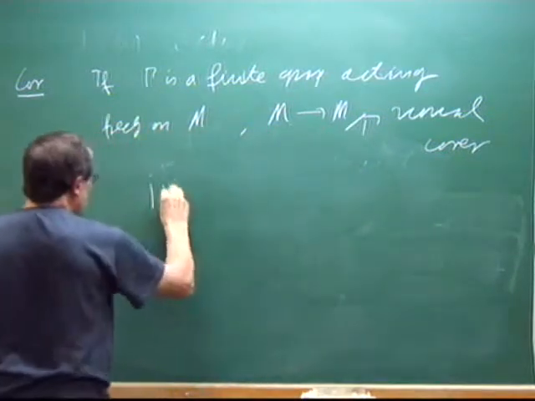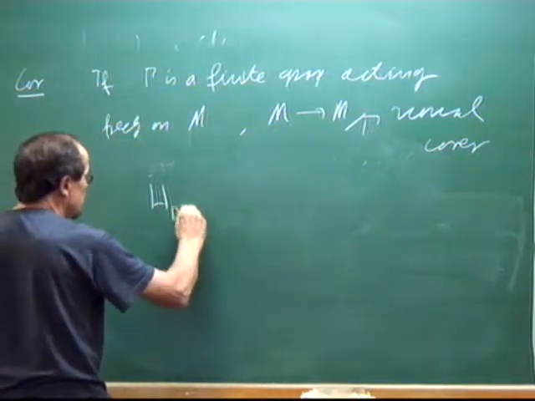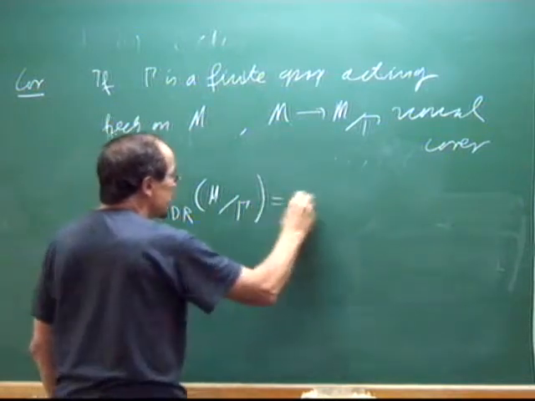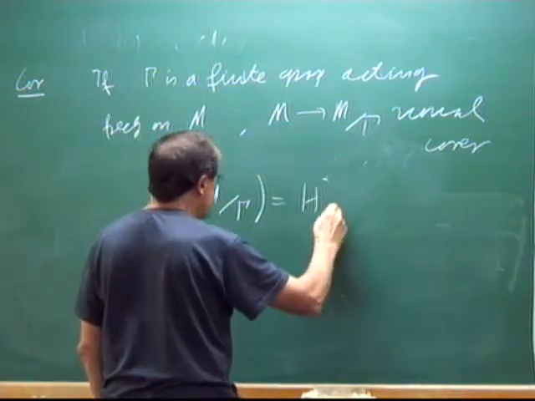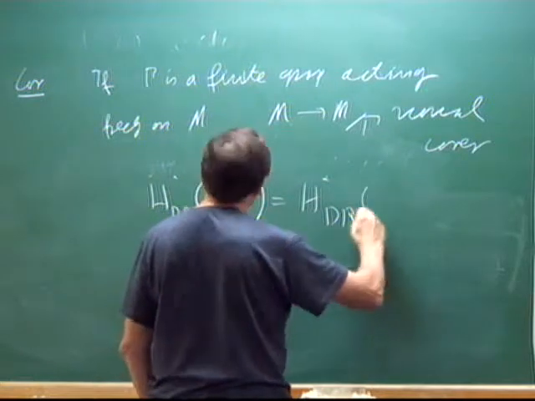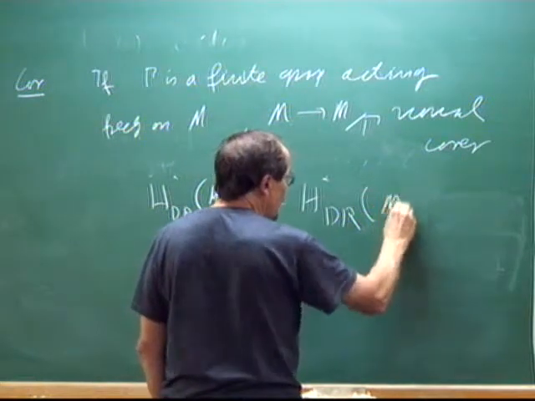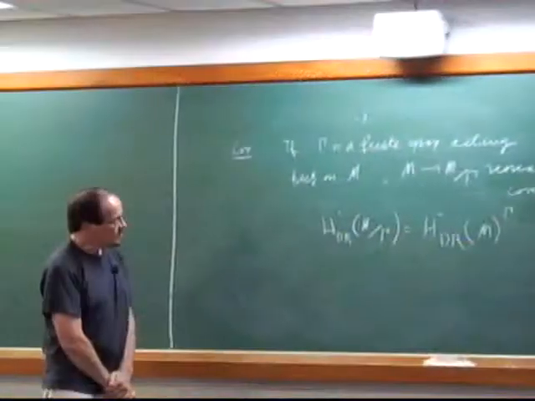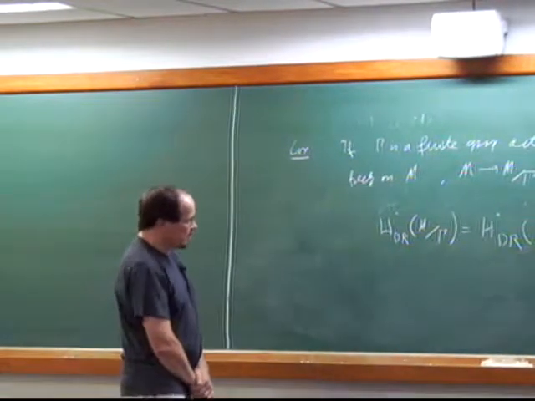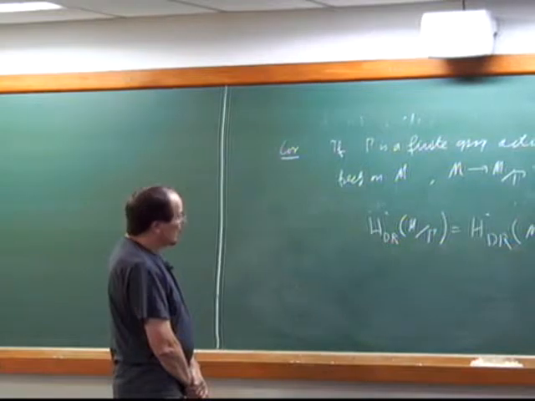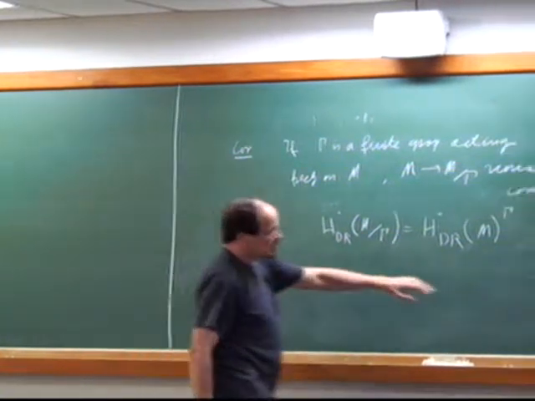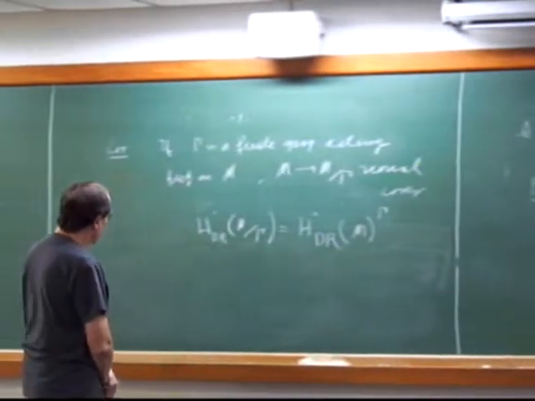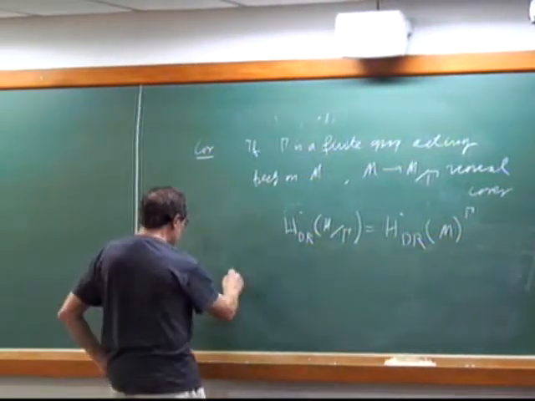And then it says the de Rham cohomology of the quotient is the de Rham cohomology upstairs invariant under the action of gamma, invariant under the action of the deck group. I think I mentioned that fact once. So this is a special case of this case right here where the group G is discrete, not just a Lie group. In this case, the proof is a little bit easier if it's discrete.